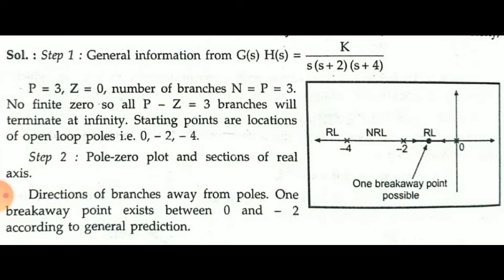Then if you put the point in between -4 and -infinity, on the right hand side of that point there are 3 poles, which means an odd number. So that section between -4 and -infinity will be on a root locus. The name RL is given.